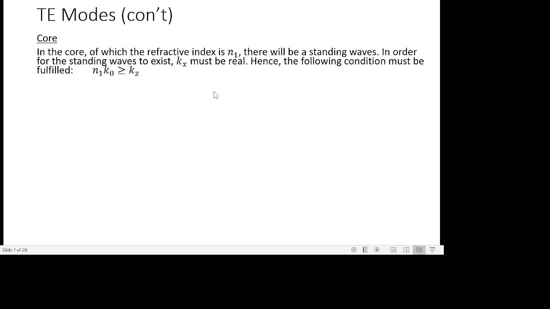So in the core, we expect the wave to be guided. For the wave to be guided successfully in the core, k of x has to be real. This means k1 times k0 has to be greater than k of z in the previous equations.